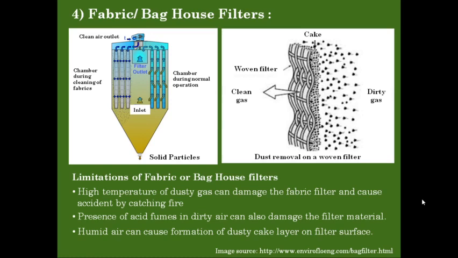If that thick cake layer is formed over the surface of your fabric, there will be clogging of your filter material and no air will pass through your fabric filter. In that case, your filter will get choked and the equipment will stop functioning. So if your air has these conditions, then it is not good to treat such air using baghouse filters. Otherwise, the efficiency of baghouse filters is very good. It's more than 90% removal.